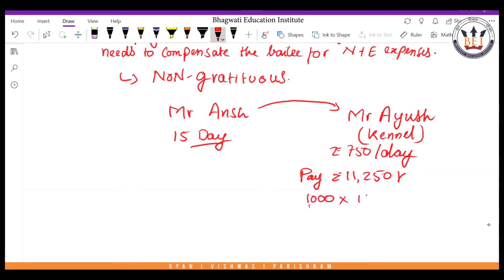So 1,000 into 15 is the food and upkeep charges that the dog demands from Mr. Ayush. So 15,000 expense has been incurred by Mr. Ayush. So Mr. Ayush wants to claim this extra rupees. So let us say 15,000 minus 11,250. How much is that? It comes to 3,750 rupees.